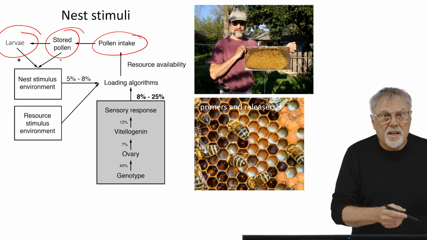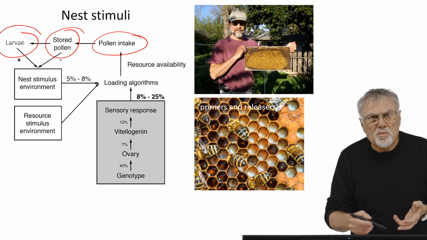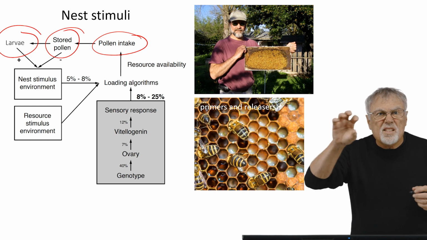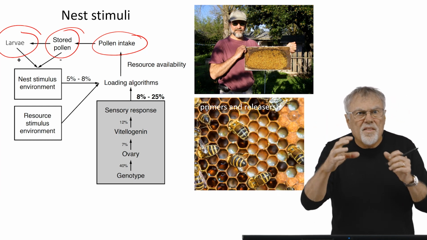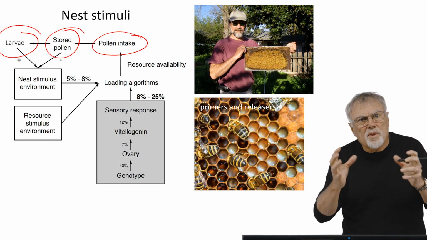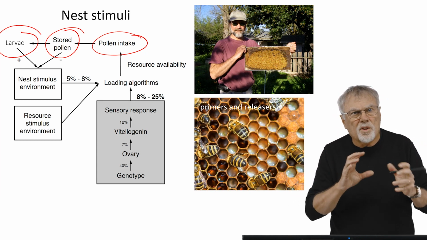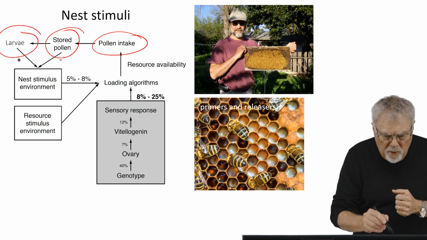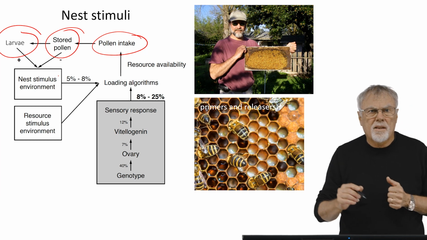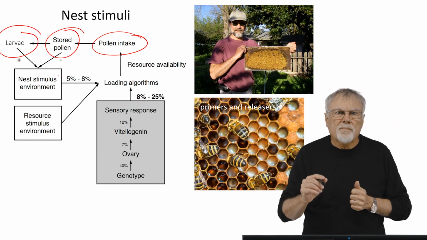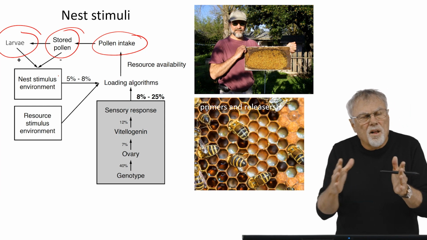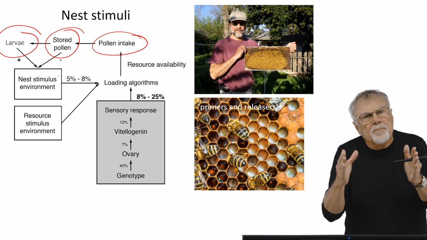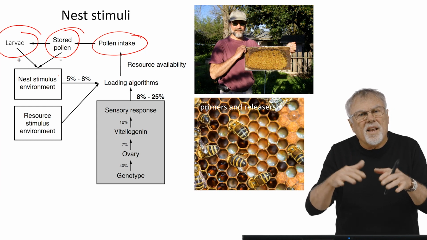If larvae are eating it, then the pollen gets consumed, and so there's more empty cells in the areas where the pollen is being stored. And these are two different stimuli that affect the nest stimulus environment. Stored pollen inhibits pollen foraging. You can take a nest, a colony, that is at an equilibrium.